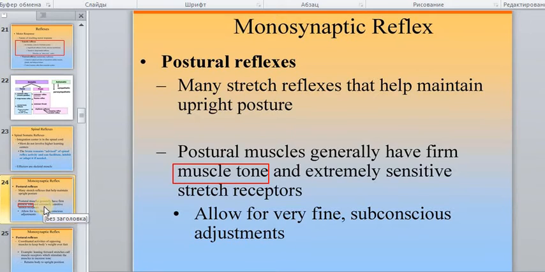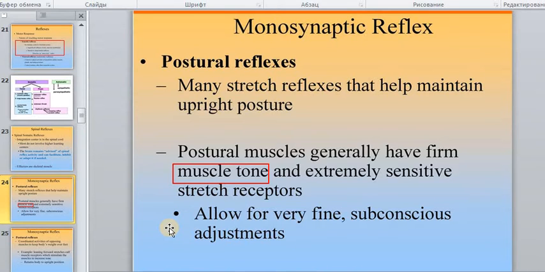Posture muscles generally have firm muscle tone and extremely sensitive stretch receptors. We'll talk about these receptors later.